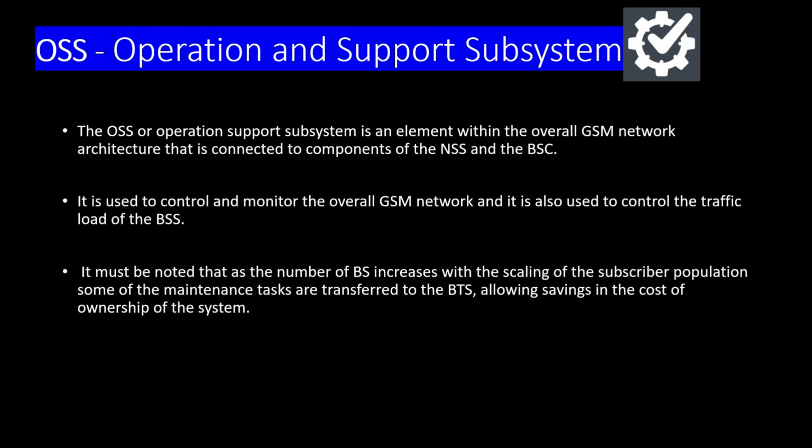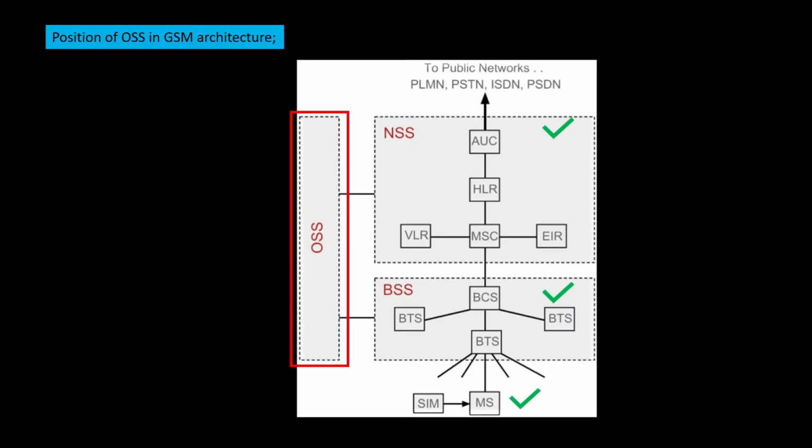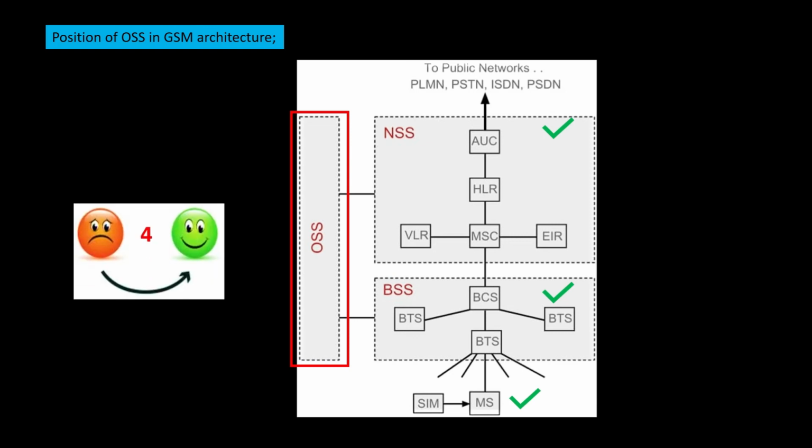It must be noted that as the number of BS increases with the scaling of the subscriber population, some of the maintenance tasks are transferred to the BTS, allowing savings in the cost of ownership of the system. This is the position of OSS in GSM architecture, and we have completed the fourth step.